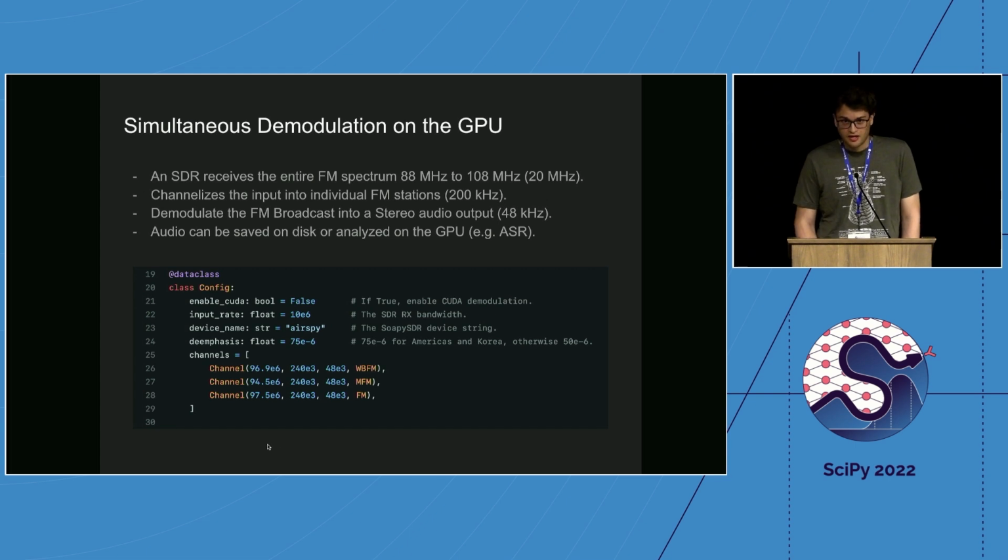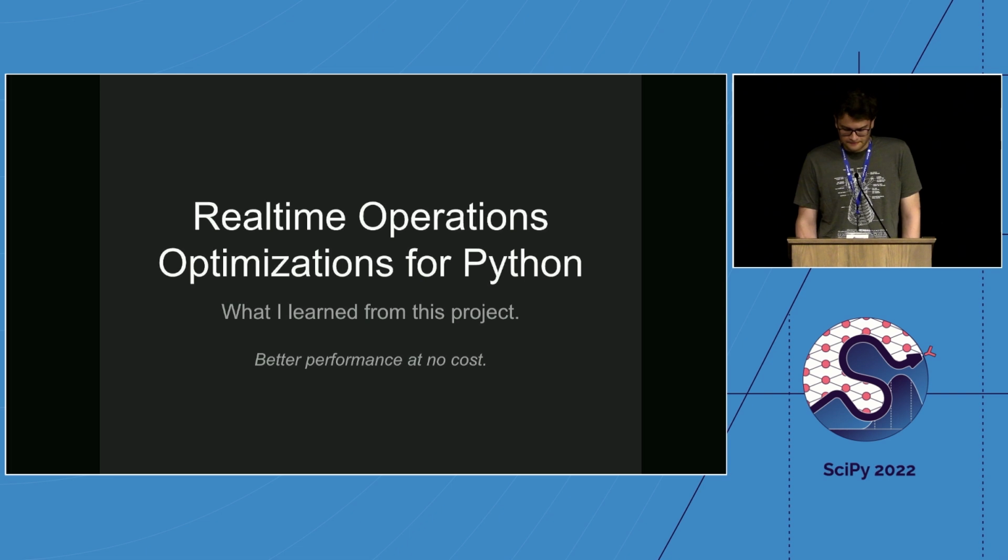So it's an array. You can put as many channels as you want here and choose your demodulator, or just write your own demodulator here.